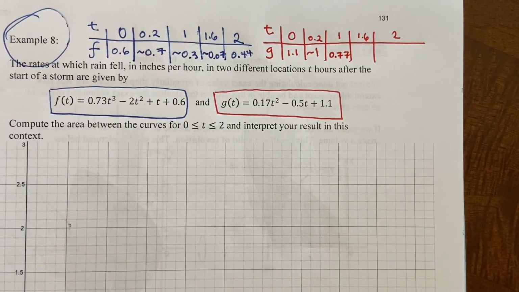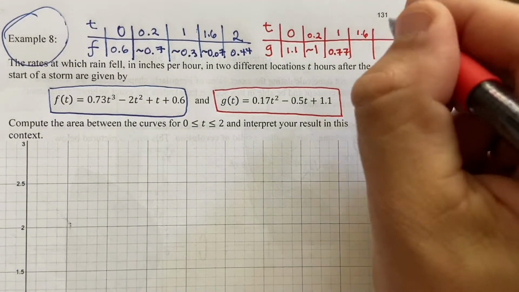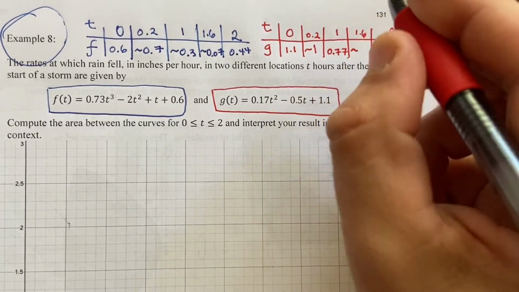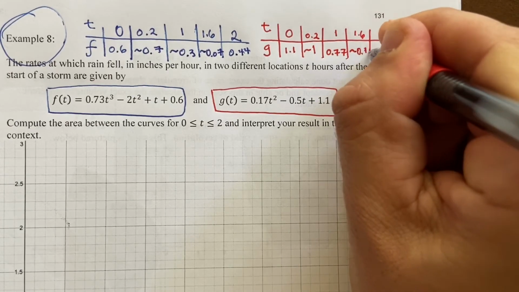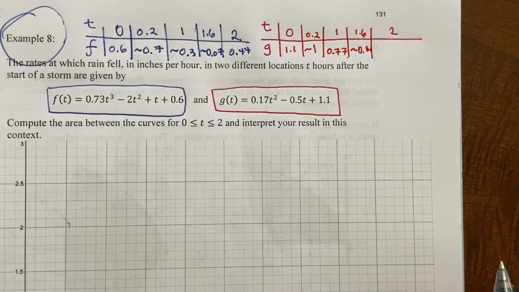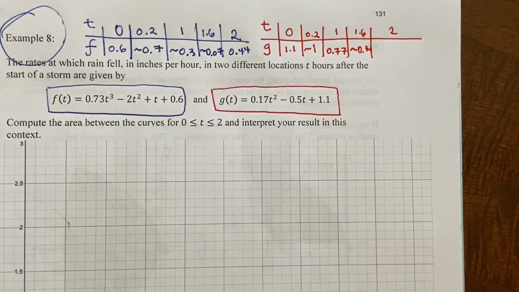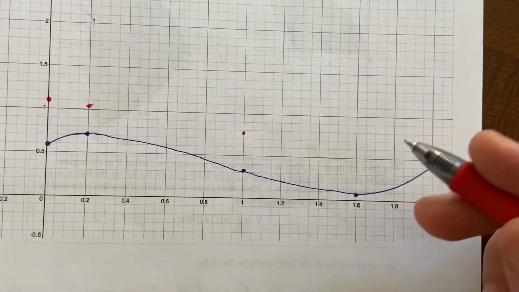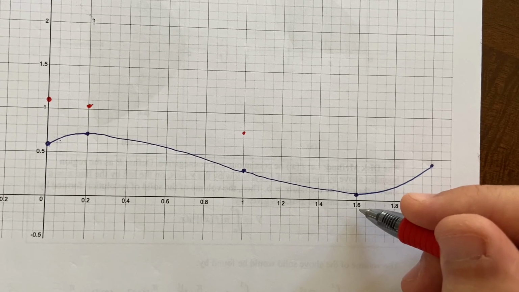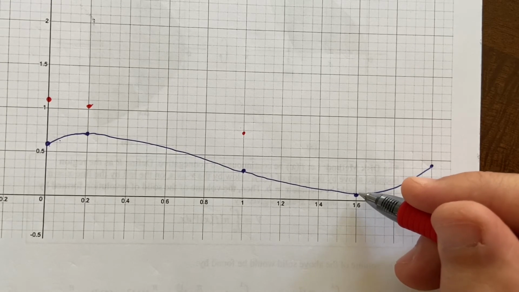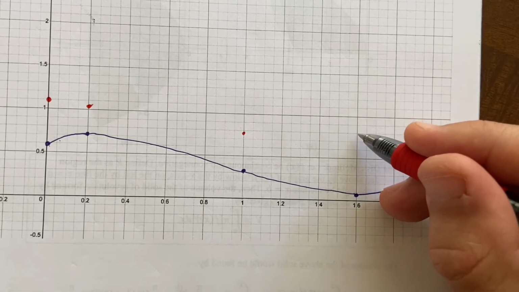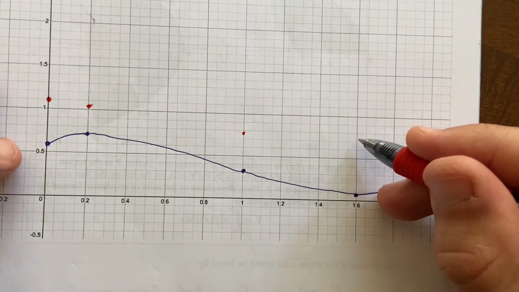Okay. I'll just call it about 0.74, if you can see that. I can't even see that. So about 0.74. So 1.6, 0.7. It's getting difficult.